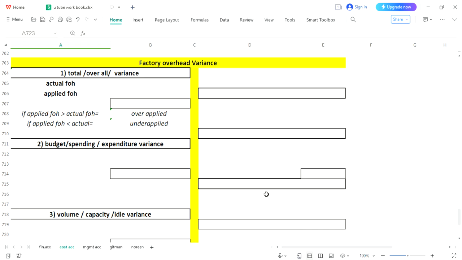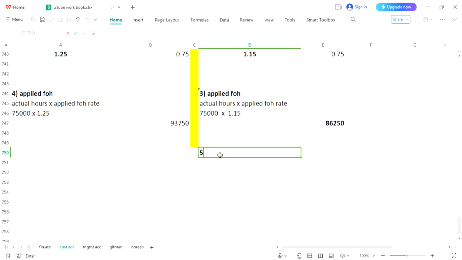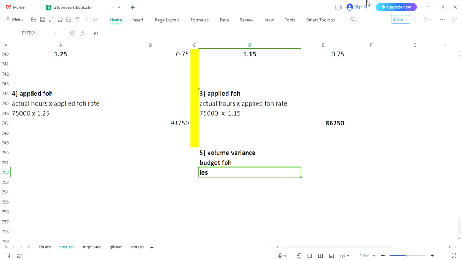So now we are calculating the fifth requirement. Over here we need to calculate volume variance, and you have the formula in your mind, we need to have budget FH and then applied FH. We will get the variance by taking the difference between budget and applied FH. Then we will conclude depending upon budget FH.